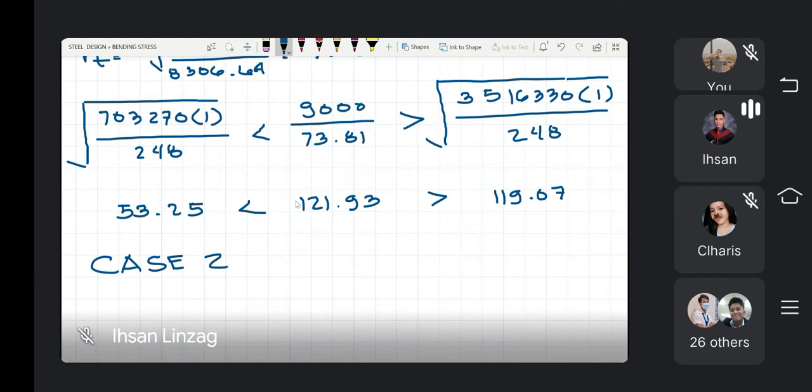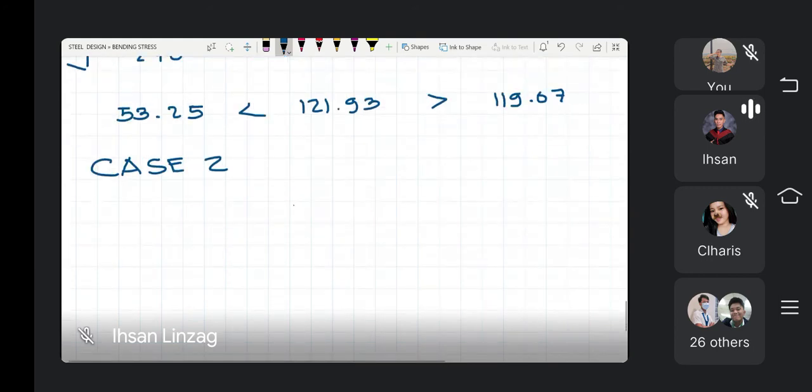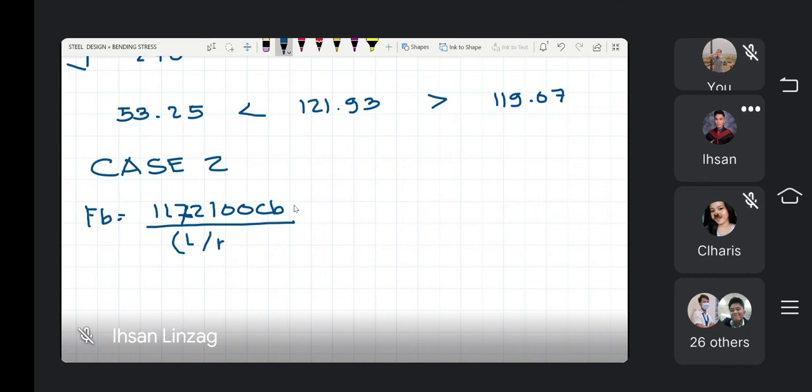So the allowable bending stress sa case 2, dalawang value yun. Allowable bending stress is equal to 1172100 CB all over LRT squared.